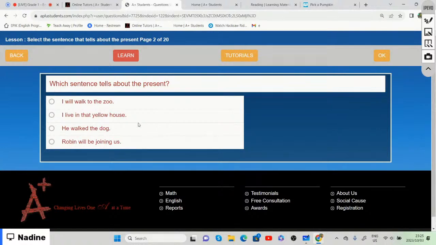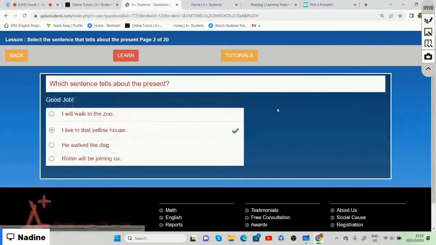If we choose the correct one, then we can say, I live in that yellow house, meaning that you are living there now, right? Not I will be living there, which can be any time tomorrow, next week, next month. Not I lived in the house, meaning that it's in the past. Now the present means that you live in that yellow house.